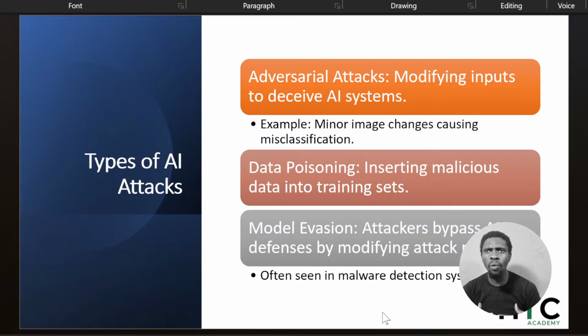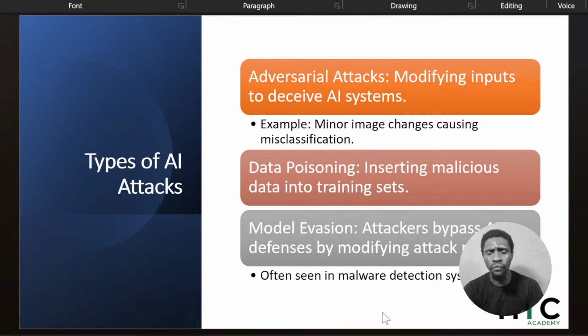If the AI system that was embedded into those security technologies is unable to detect an attack, it means that the attacker has launched an attack on that AI system, and that attack is known as model evasion. So it's evading being detected by a security or malware detection technology.